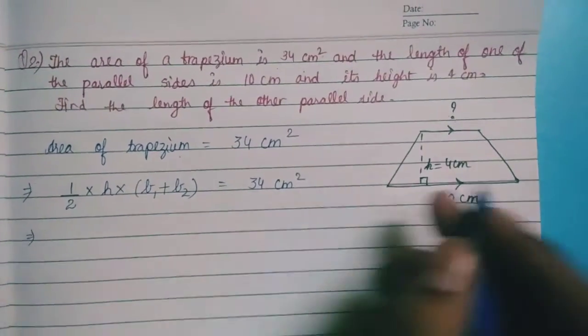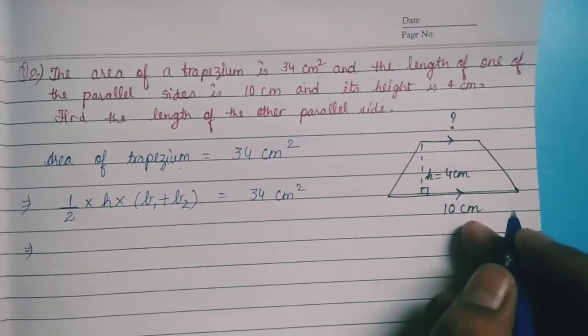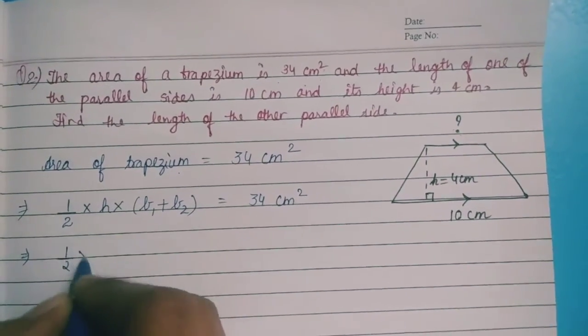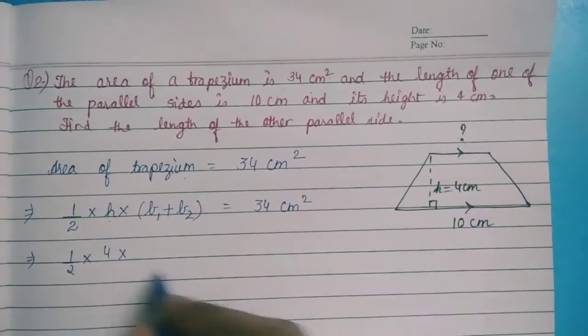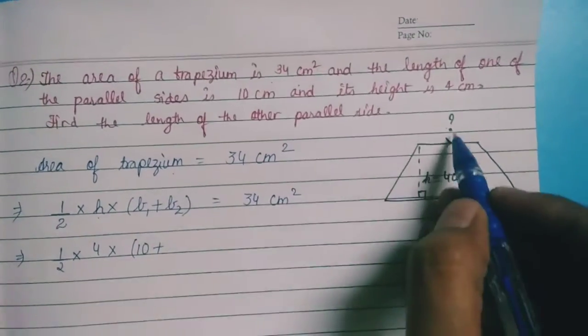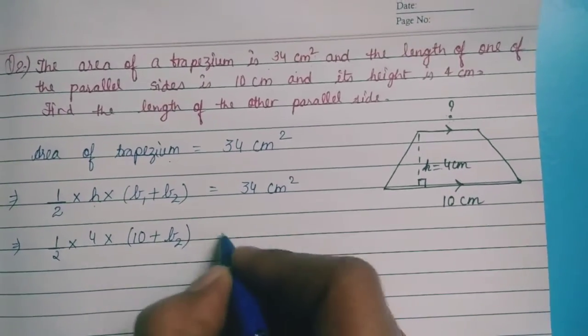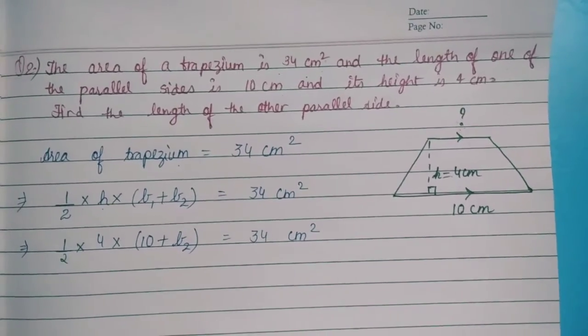Now we will put the things we know from the question in the formula. Half into h is 4, into B1 is 10, and B2 we need to find, so B2 will remain as it is, and on the opposite side we have 34 centimeter square.